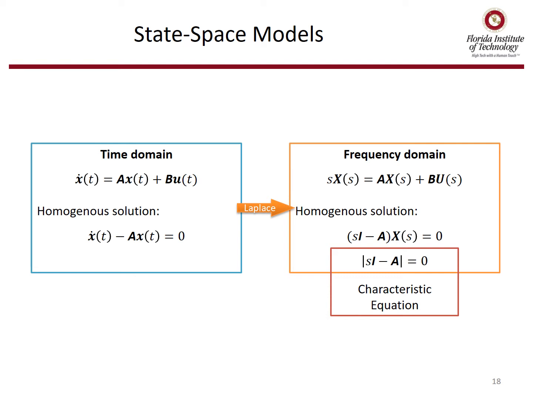So our state space model after a Laplace transform is simply s times X, the state vector, which is now a capital, and we replace the time variable with the Laplace variable s, equals the same A matrix times the new state vector X plus B matrix times our input vector U. The homogeneous solution is going to be sI minus A, where I is the identity matrix, times the state vector X. And to solve that, we have a characteristic equation which is the determinant of sI minus A equals 0.